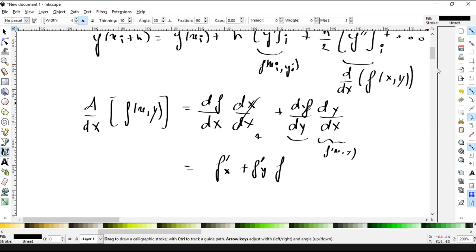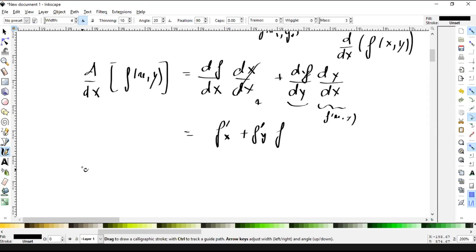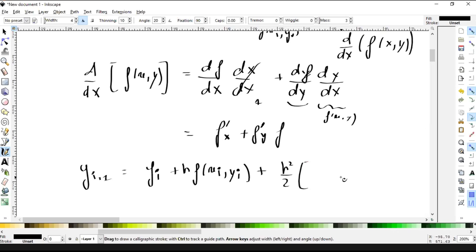So you get as an expression here that y at i plus 1, meaning x_i plus h, is y of x_i, y_i, plus h of f of x_i y_i plus h square over 2 f prime x.